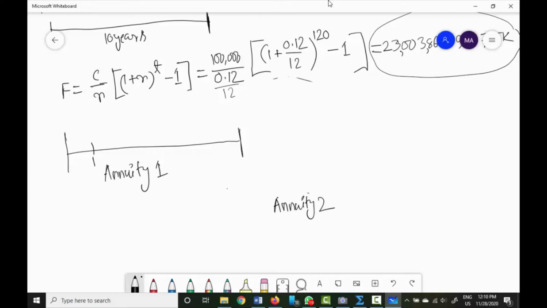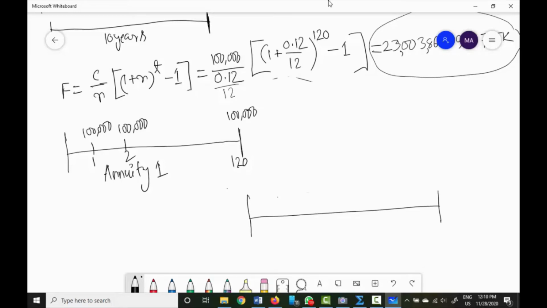At the end of every month, you have deposited 1 lakh taka, up to 120 payments. 10 years means 120 payments.